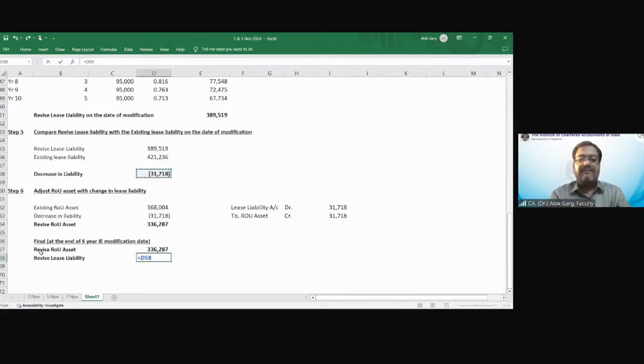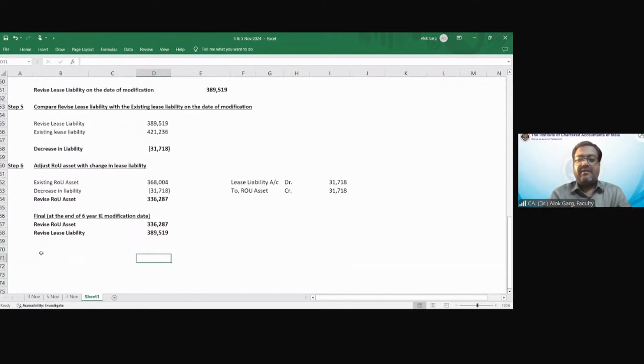Revised lease liability कितनी है? 389,519. राइट. इसका क्या करूंगा 336,287 का? Subsequently ये जीरो कैसे होगा? Depreciate over the remaining life.